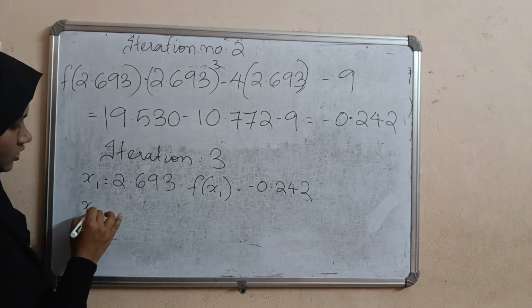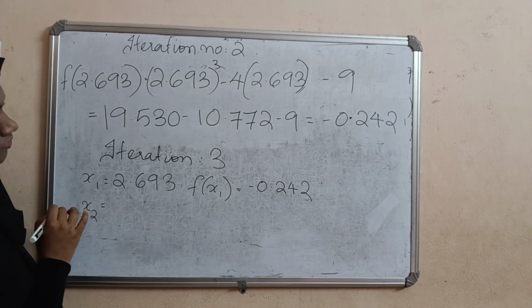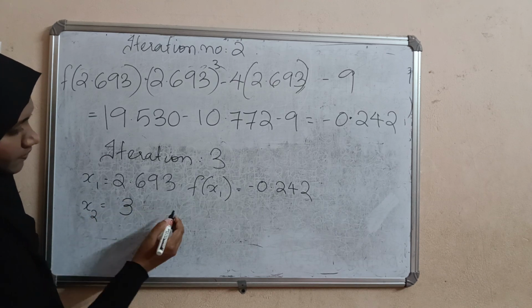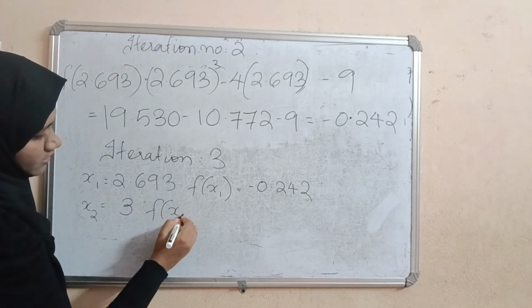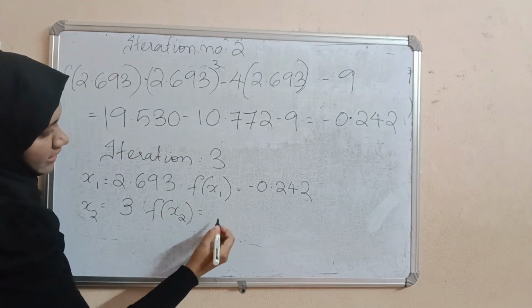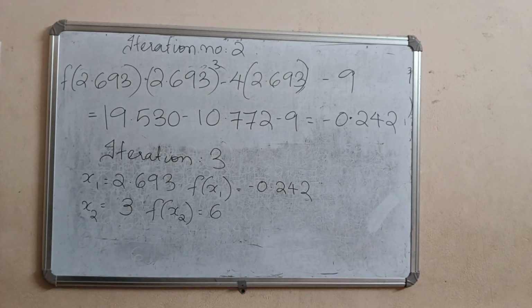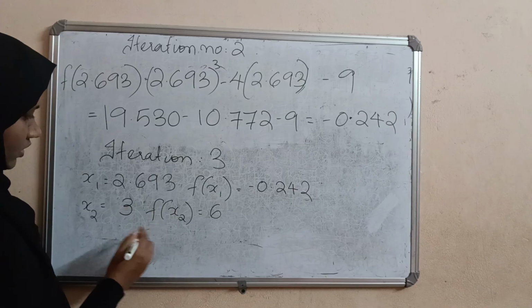Then x2 is equal to, what was our x2? I think 3, right? Yeah, 3. f of x2 is 6. So when we put the value, what do we get?